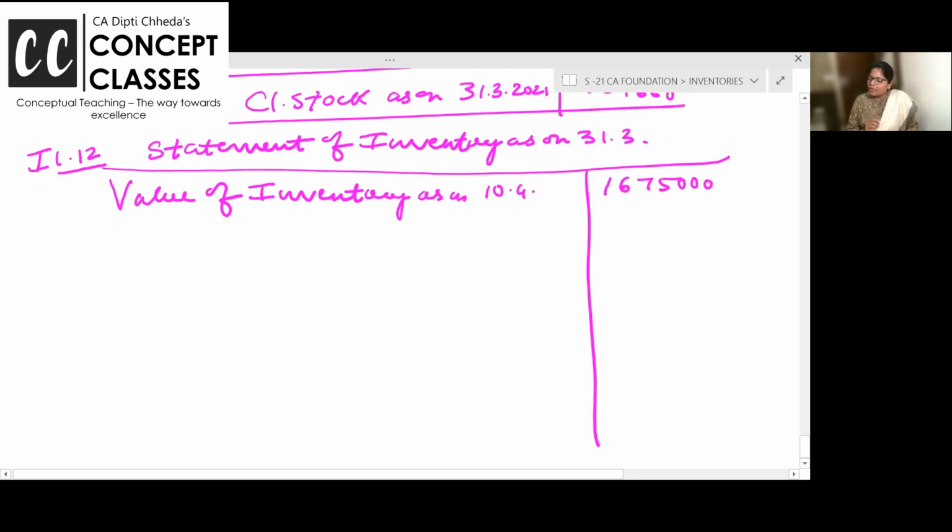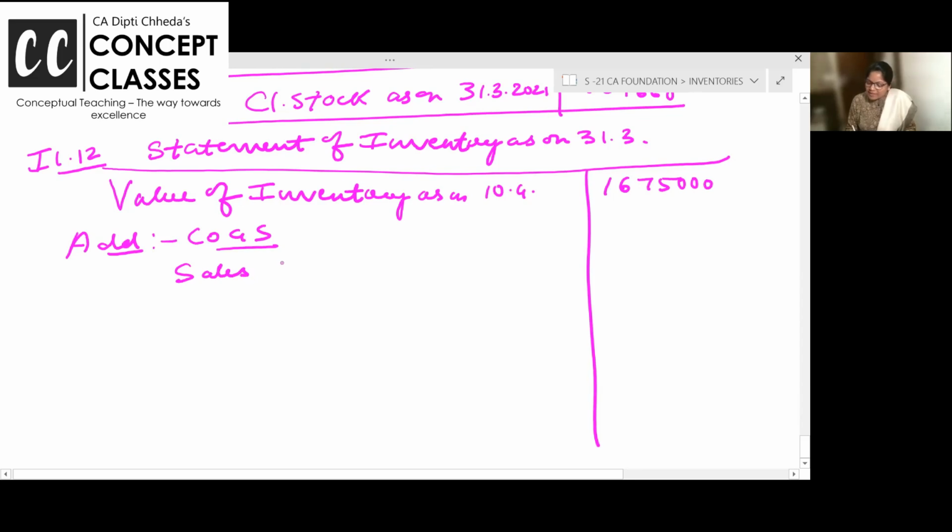Now, read the problem again, second time with me. 1675 is inventory on 15th of April. After the end of the year, sales was there. So add back the sales. Cost of goods sold. So what sales value is given to you?